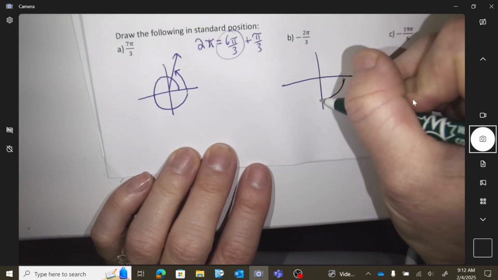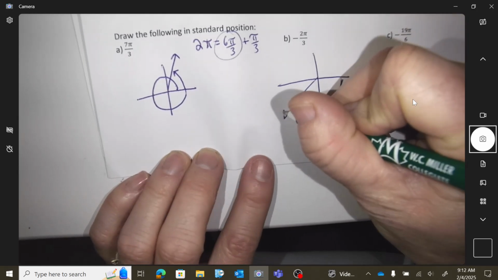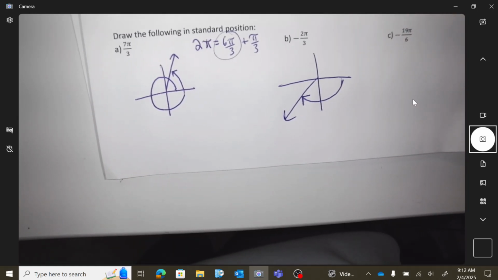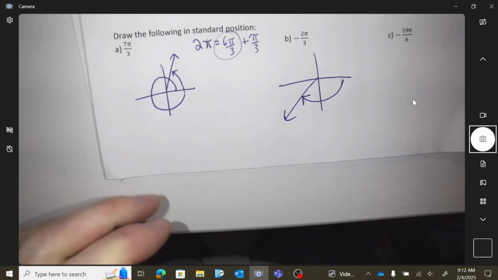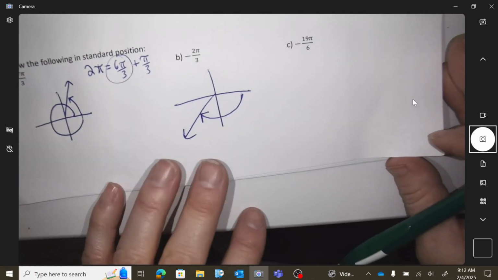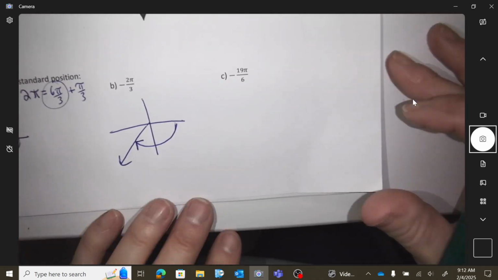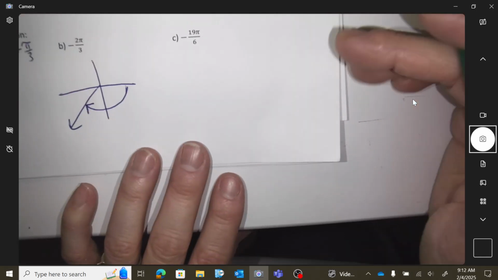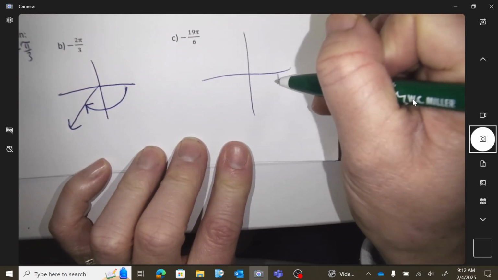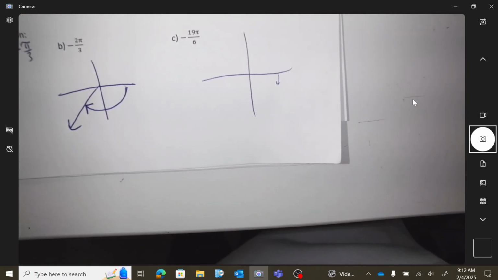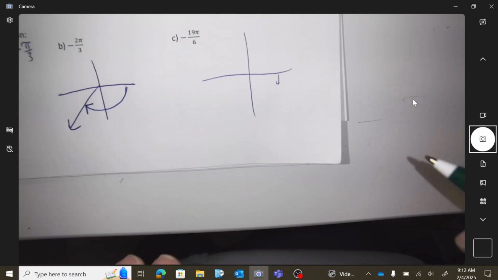Okay, negative, so I know rotation goes downward.